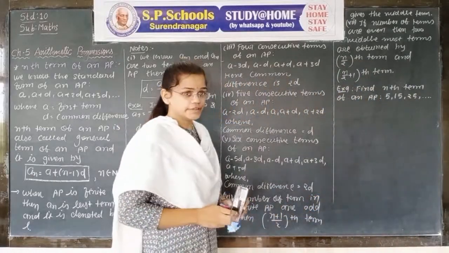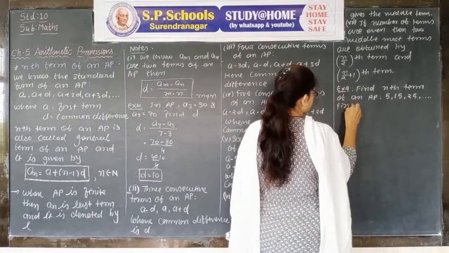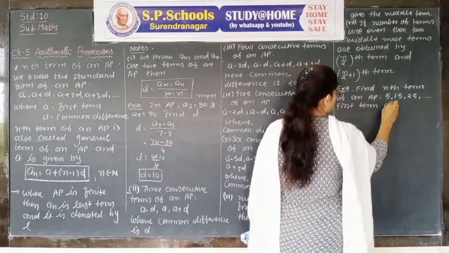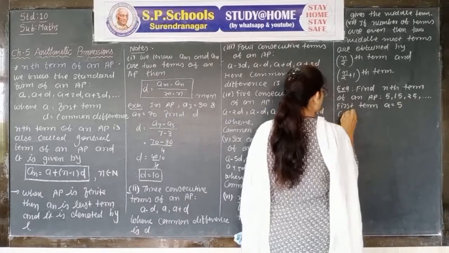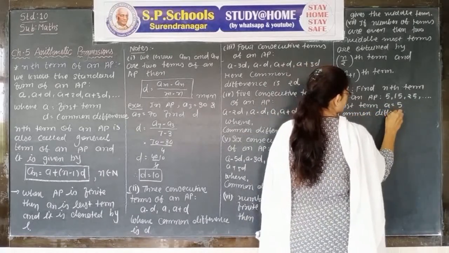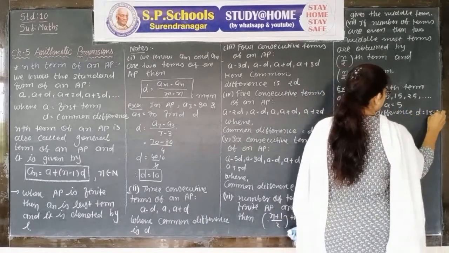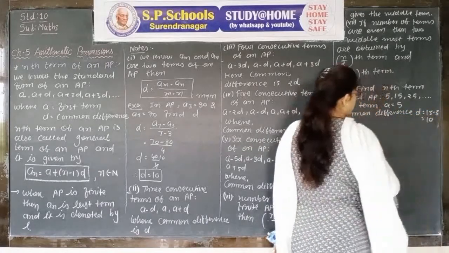It is an infinite AP. First write the first term and common difference. First term a is equal to 5. Common difference d is equal to second term minus first term, which is 10.